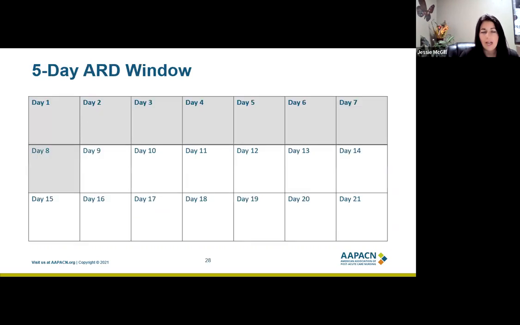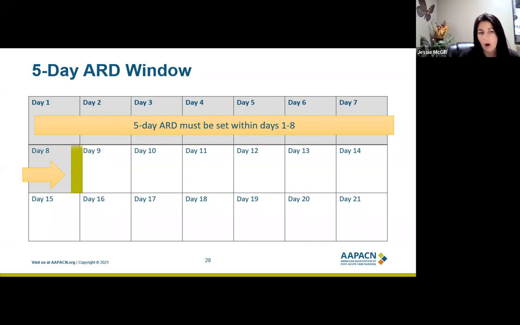So when we talk about the Medicare assessments, it's a little bit of a different concept because we have a very, very strict deadline here. So we have a day 1 through 8 in which we can schedule the ARD. And then I like to kind of pretend that there's a wall that ends at midnight on day 8, or so up till 11:59 on day 8.